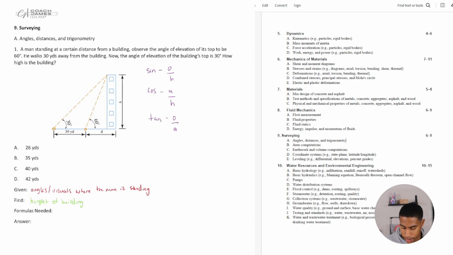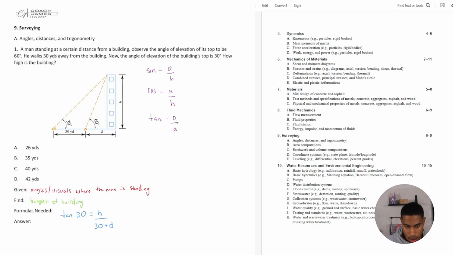So let's write out how we can start working at this. If we take the angle of 30 degrees, the tangent of 30 degrees equals opposite, h, over adjacent, which is 30 yards plus d.